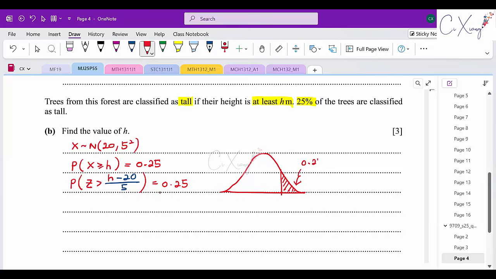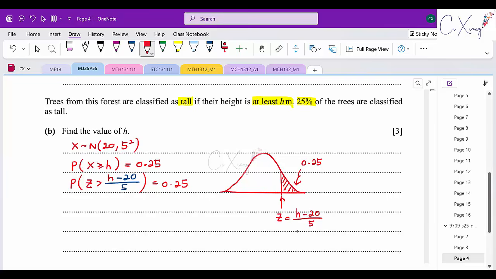So it should be 0.25 here. Greater means that you have to shade the area on the right hand side of the line, and this value will be the value of z. It can also be h minus 20 divided by 5, because in our equation, when z is greater than this value, the area is 0.25.